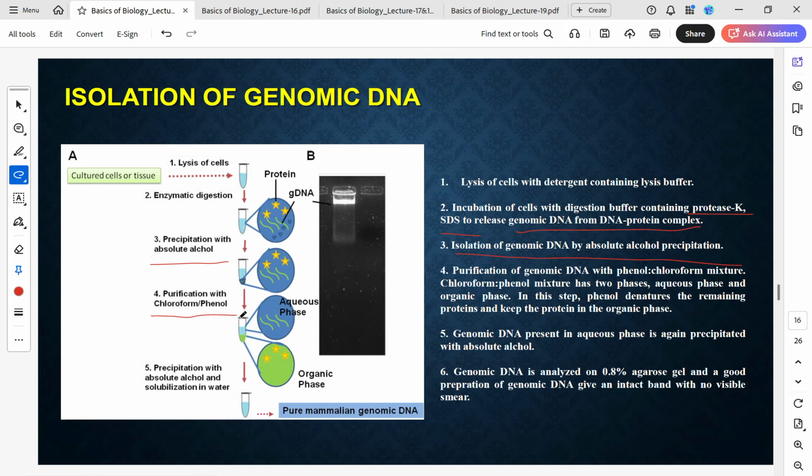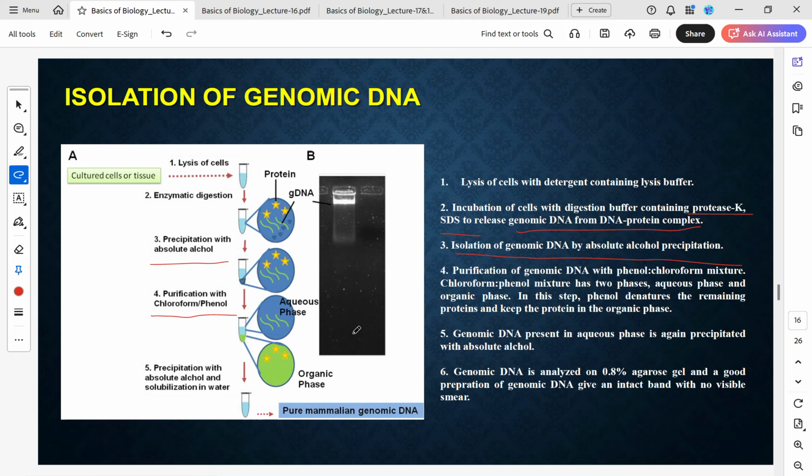Mixing it with chlorophenol solution will create a solubility mismatch, because of which there will be an aqueous phase and an organic phase. Now the organic phase will have the protein, whereas the aqueous phase will have the genomic DNA. So you very carefully pipette out the aqueous phase, put it in another tube, then again precipitate it using absolute alcohol.